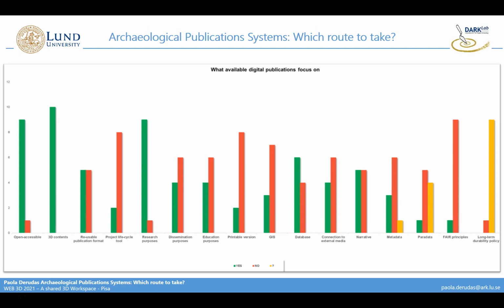Half of the solutions include or embed in their structure also the narrative connected to the data of the excavation, or a form of editorialization. But concerning metadata and paradata, we can see that only in 3 cases the metadata are accessible, and only in 1 case the paradata are accessible.